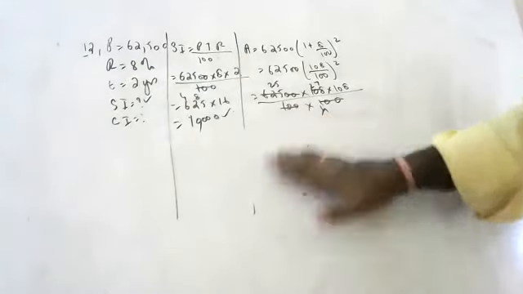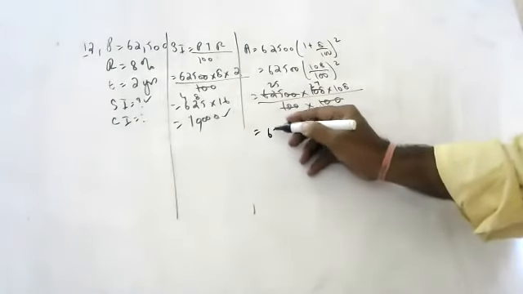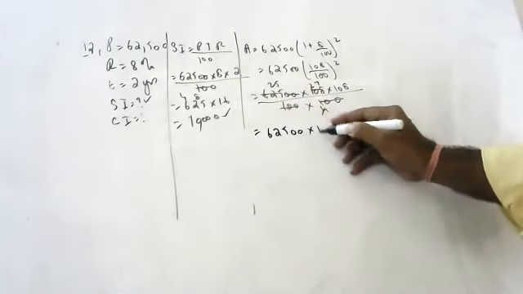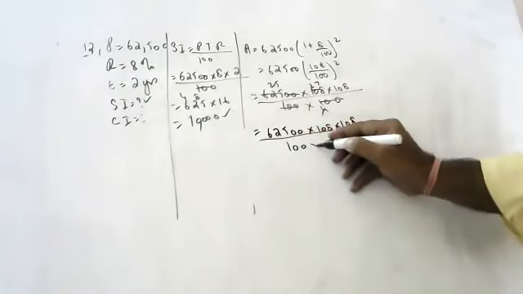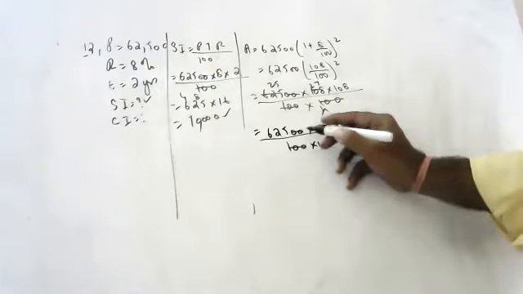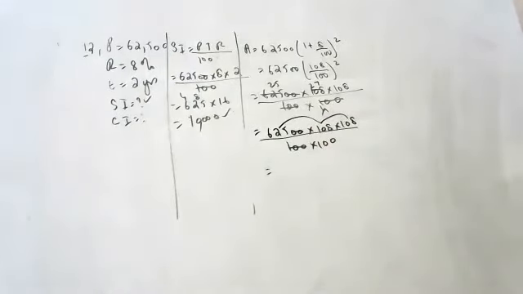Sir, amount, how much did you get, sir? 62,500 into 108 into 108 by 100 into 100. No, what you do is cancel the 100. Do this into this into this. How much do you see? 625 into 108 into 108. How much?